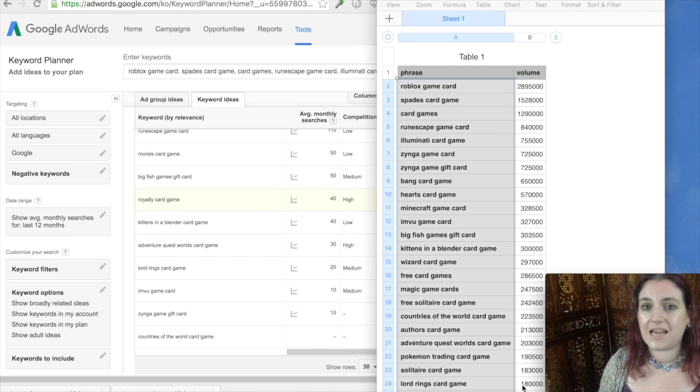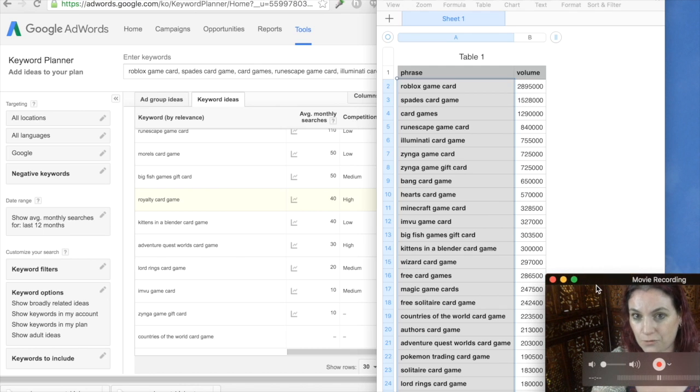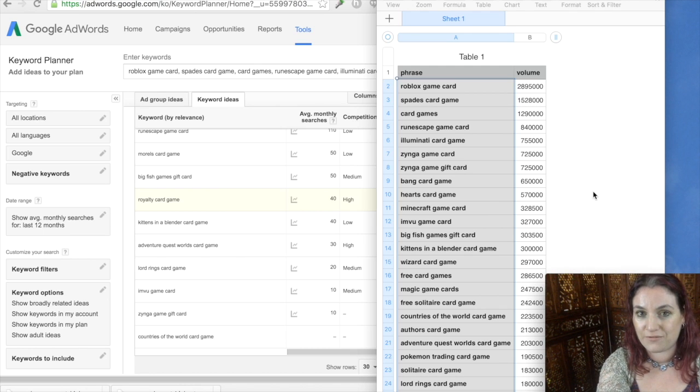So I say, please do not be taken in by search volumes on some of these apps, because this is really misleading information. If you are going to actually decide what you're going to buy, what you're going to invest in, you're not going to really want to see 180,000 search volume when actually only 20 or 40 people are looking for your particular product.